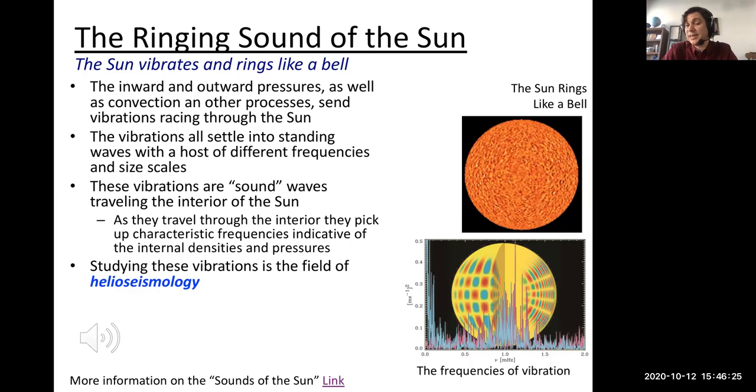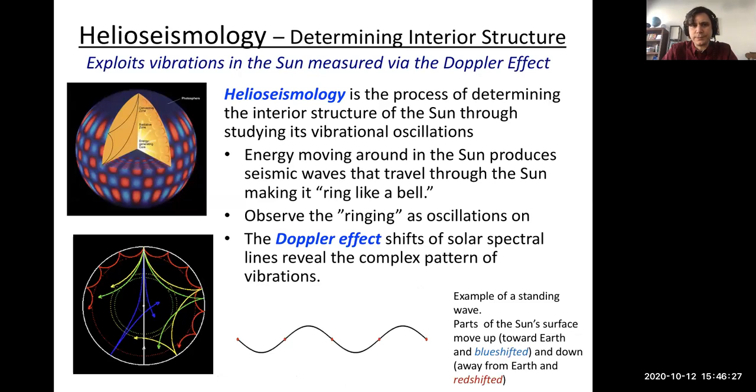So what is helioseismology? It is the process of determining the interior structure of the sun by studying all of these vibrational oscillations, the sound of the sun, the ringing of the sun like a bell. All the energy being produced and moving around in the sun creates all of these sound waves, these seismic waves.